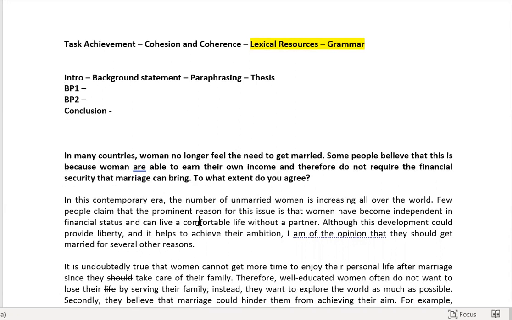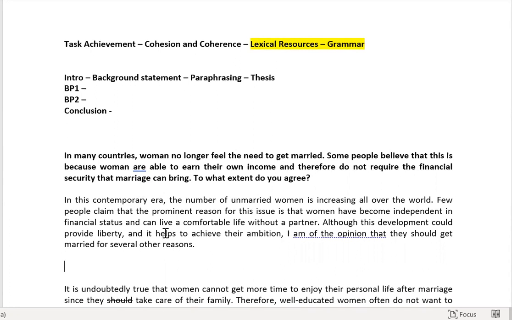Just read this introduction and let me know if you find any word that you don't know the meaning of, or which you feel is very fancy, in this portion.